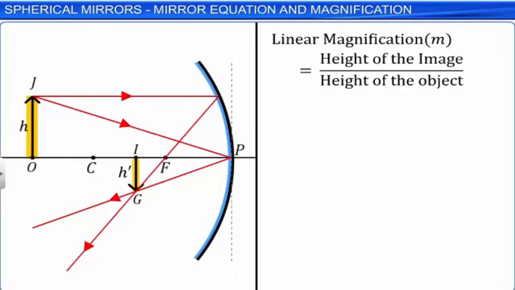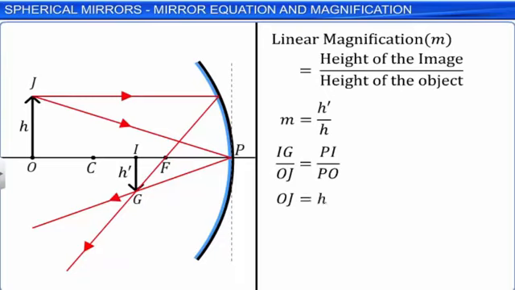Since the two triangles OJP and IGP are similar, we can write that IG by OJ is equal to PI by PO. When a proper sign convention is applied, we get OJ is equal to h and IG is equal to minus h dash.